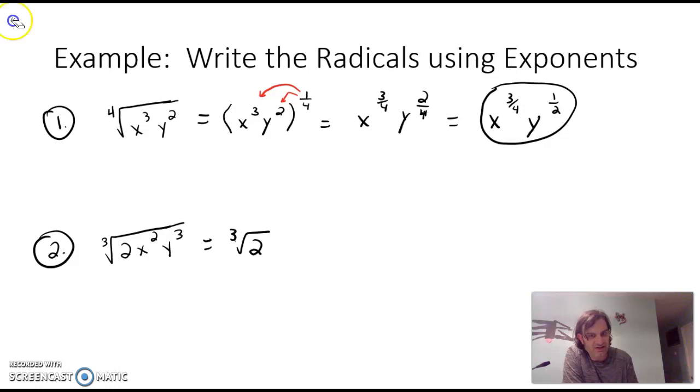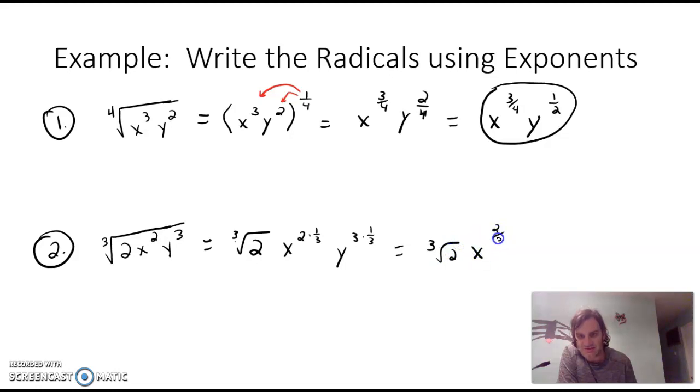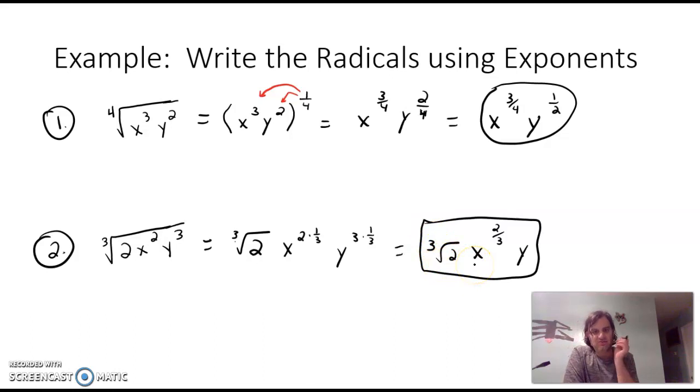But then separately, I'm turning the cube root into a 1/3. So I will have x squared times 1/3 and y cubed times 1/3. So if I clean that up, I'll have the cube root of 2, x to the 2/3, and y to the 3/3, which is just y to the 1st. Okay. So we can rewrite these as exponents.